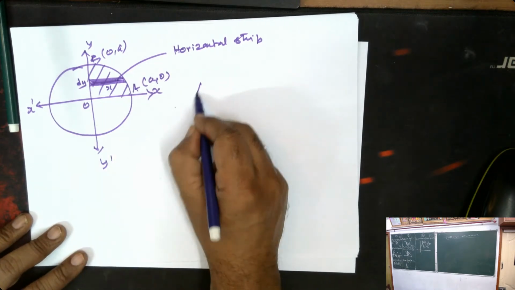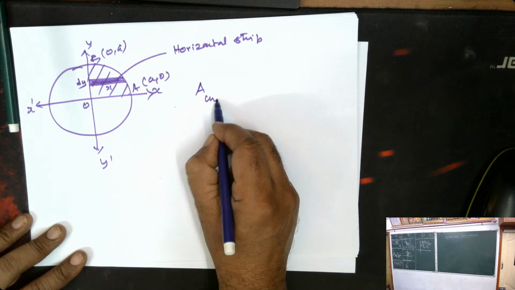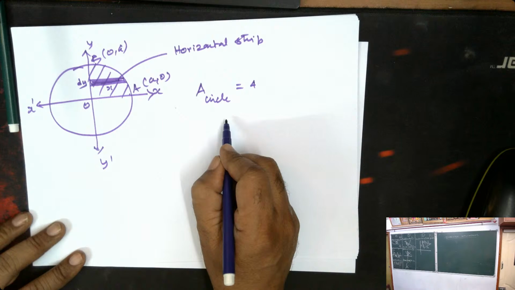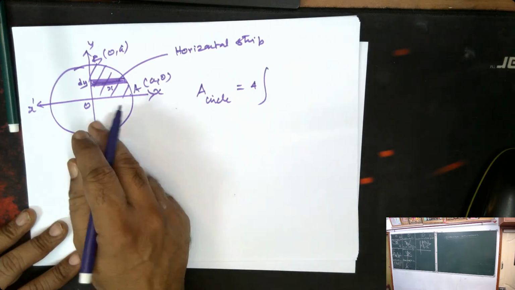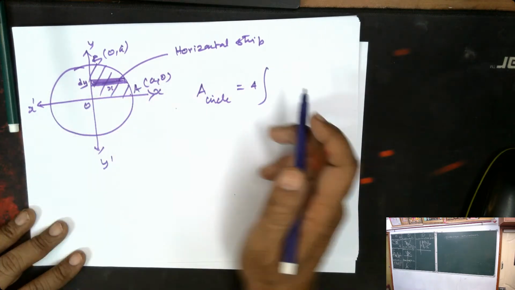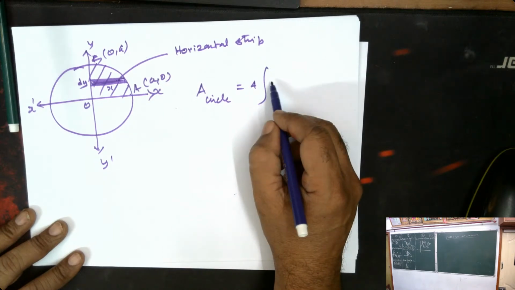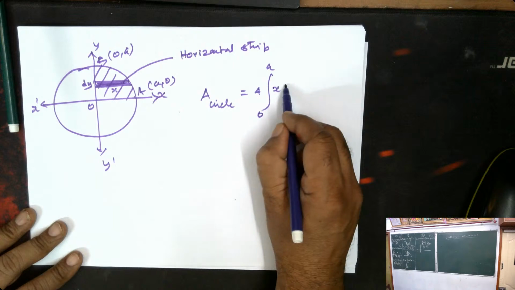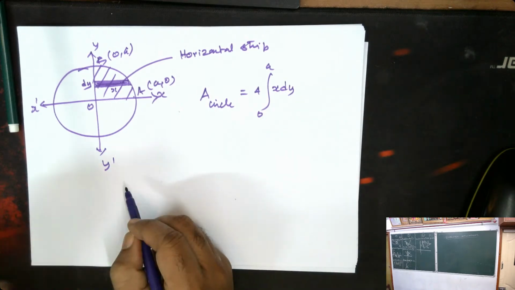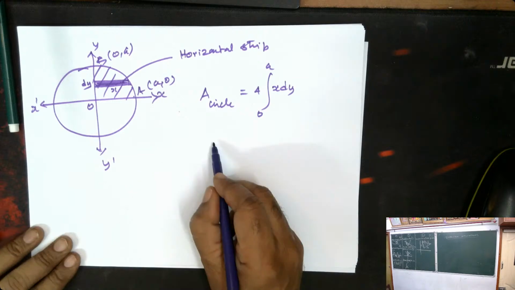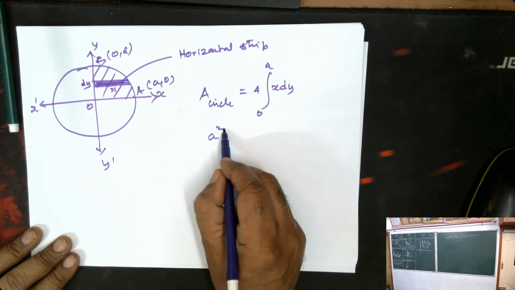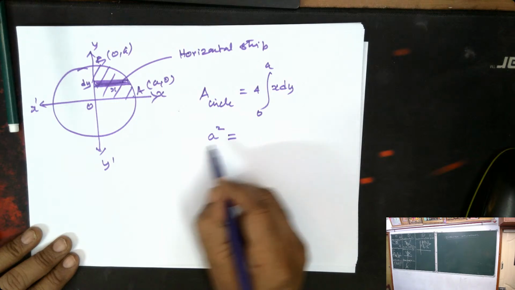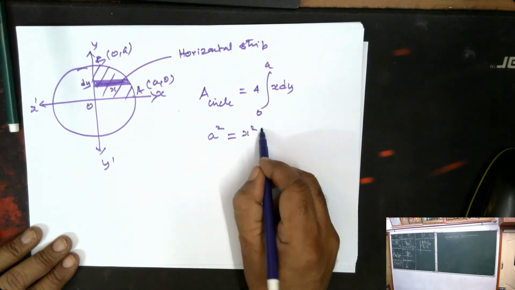Now let us proceed. So area of the circle is equal to 4 times the quadrant. So 4 times, and it is illustrated here as x into dy, is it not? So integral between the limits 0 to a of x into dy. In that case, you have to replace the x. We know already a squared is equal to x squared plus y squared.